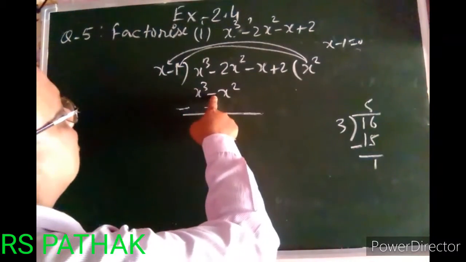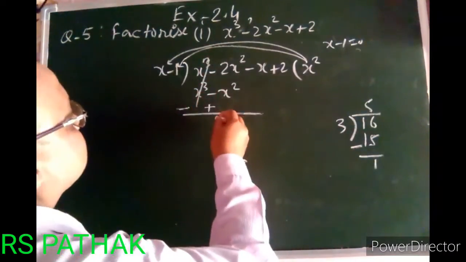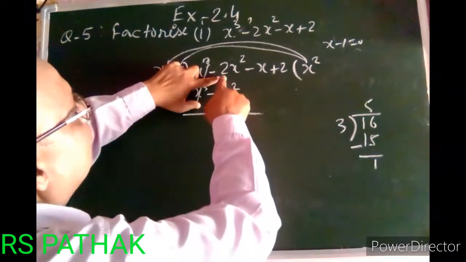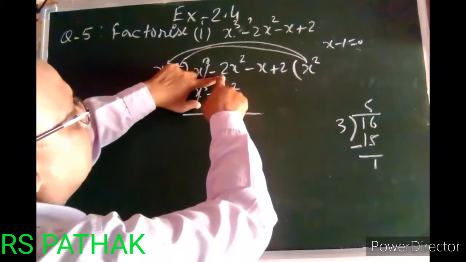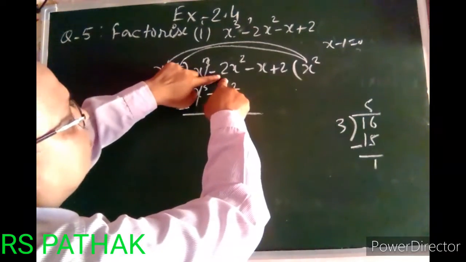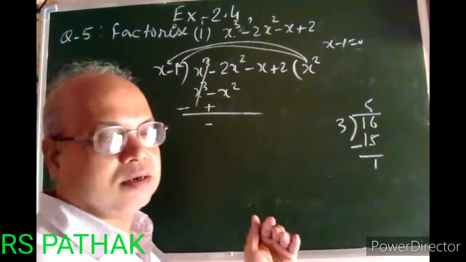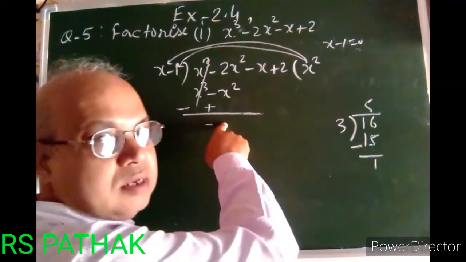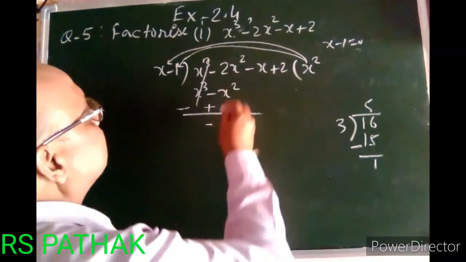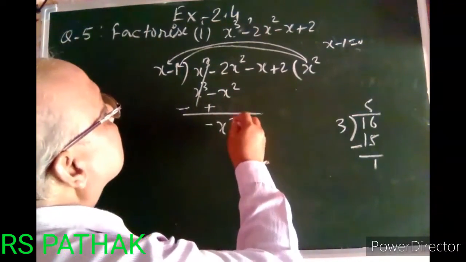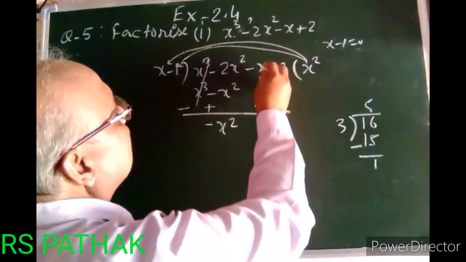Minus sign, minus plus. This is cancelled. This is minus 2x square plus x square. Minus 2 plus minus, minus 2 is greater, so there will be a minus sign, the greater number's sign: minus x square. Now I will write minus x.